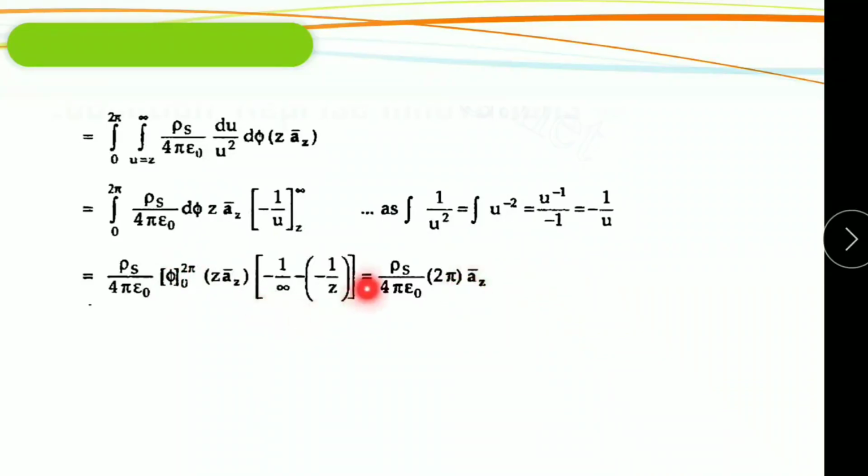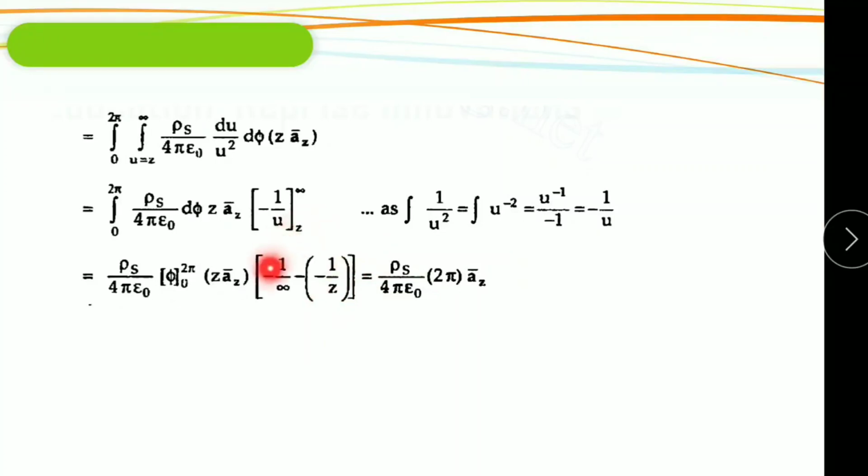So minus 1 by u means substitute the infinity value, minus 1 by infinity, minus of minus 1 by z, substituting u equal to z. This value is equal to 1 by z. So finally we get rho s by 4 pi epsilon naught, here there is a z value, by cancelling z in the denominator and numerator.